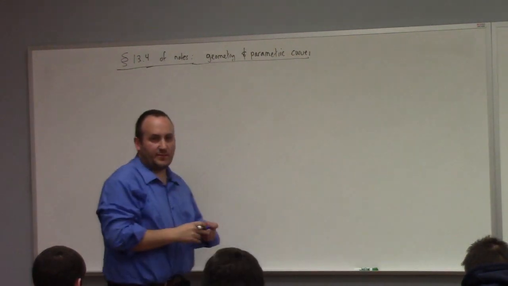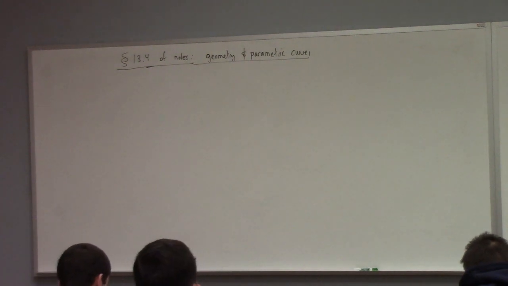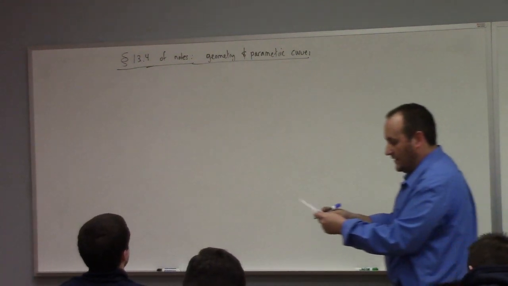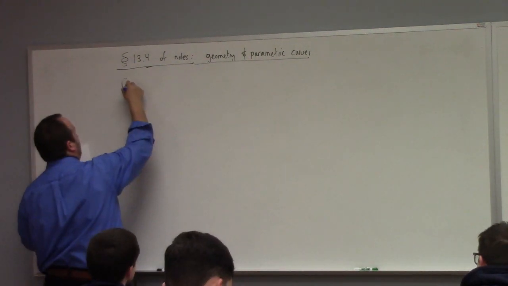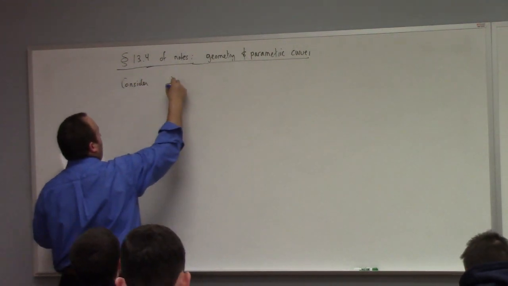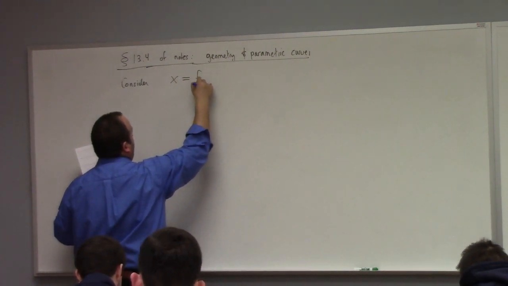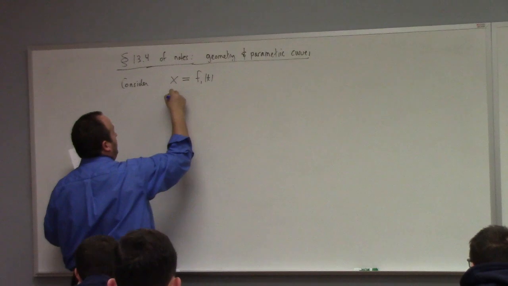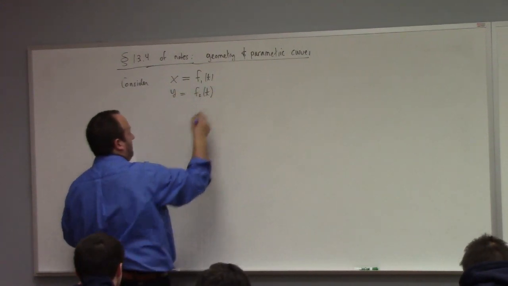So what were the questions I posed on the worksheet? First of all, I asked, what is dy dx as a function of the parameter? So we're going to consider x equals f1 of t, and y equals f2 of t, just for the sake of discussion, okay?